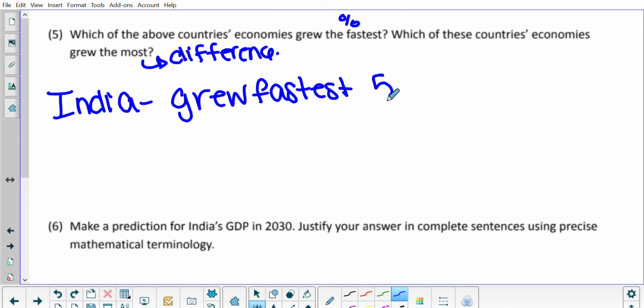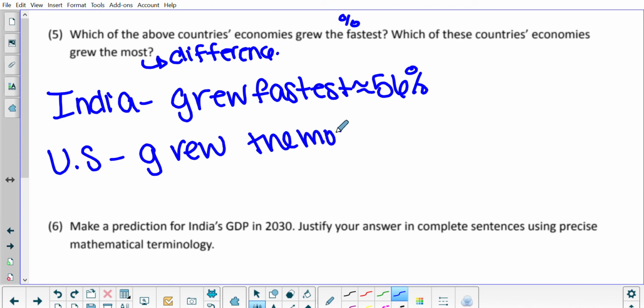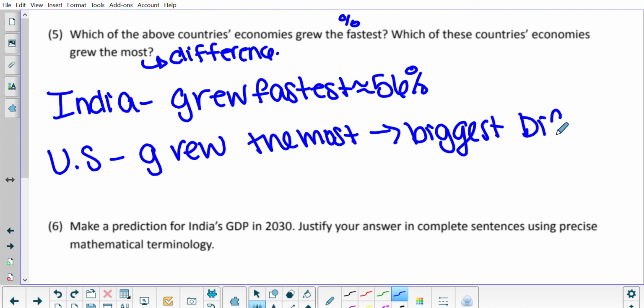This was roughly 56%. All right, and then which of these countries' economies grew the most? That is actually our US. They grew the most because they had the biggest difference. All right, so those are the two types of questions you might be asked when you're dealing with relative and absolute change.